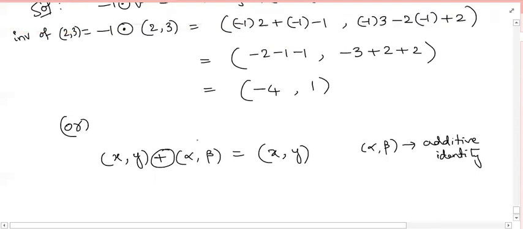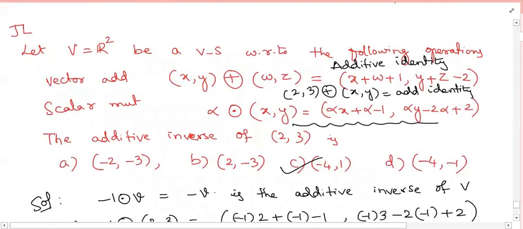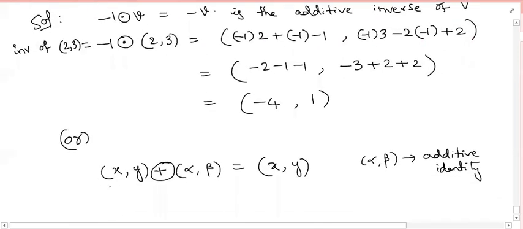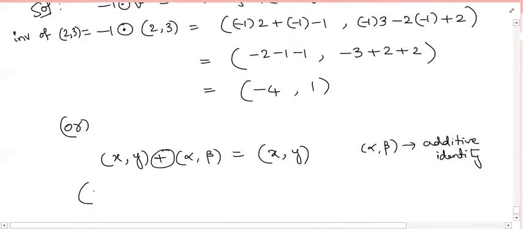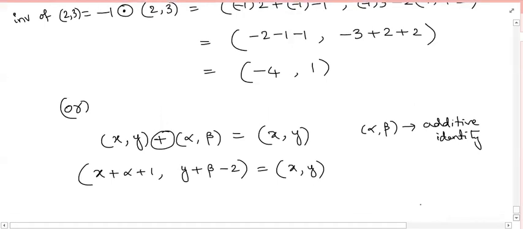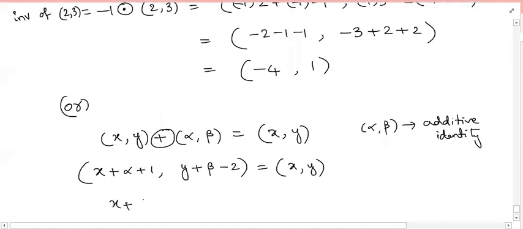But what is the addition given? We have to go back to the definition. So x plus w plus 1, that means x plus alpha plus 1, and y plus z minus 2, y plus beta minus 2, which is equal to x comma y. If you equate this, x gets cancelled, alpha is equal to minus 1.